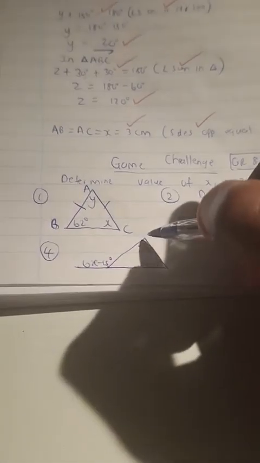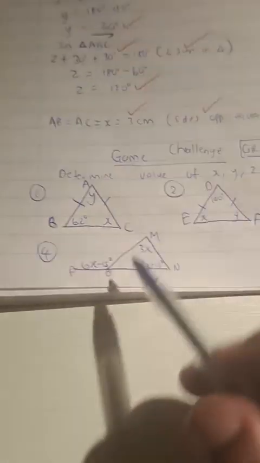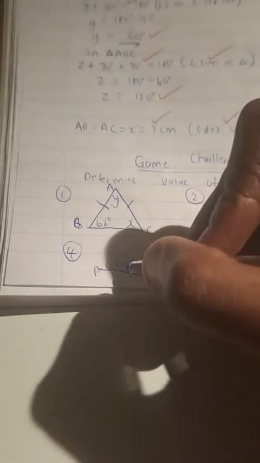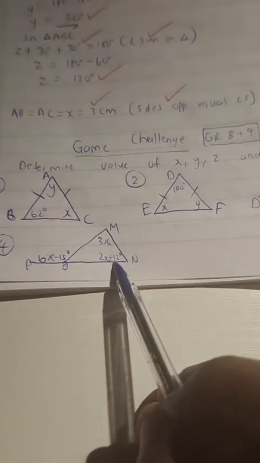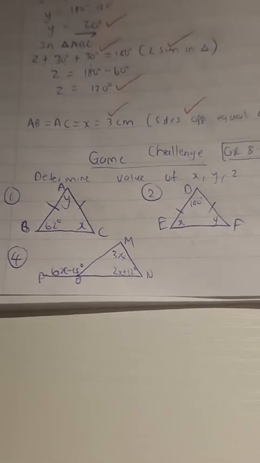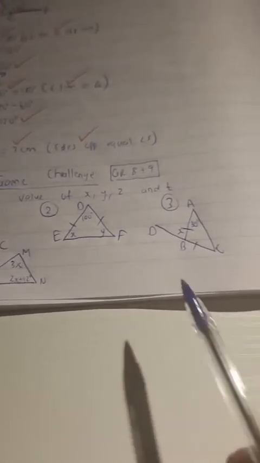Triangle there. We have 6x minus 15 degrees there on the outside, 3x and 2x plus 12. And I think I'll leave it there for today.